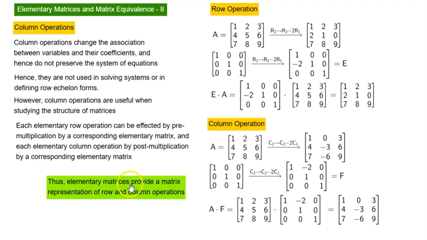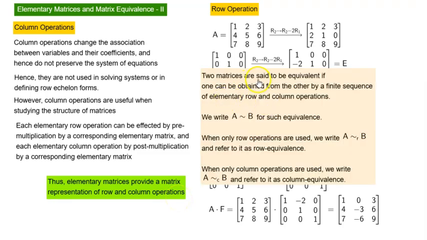Thus, elementary matrices provide a matrix representation of row and column operations. So, two matrices are said to be equivalent if one can be obtained from the other by a finite sequence of elementary row and column operations. We write A equivalent to B for such equivalence.